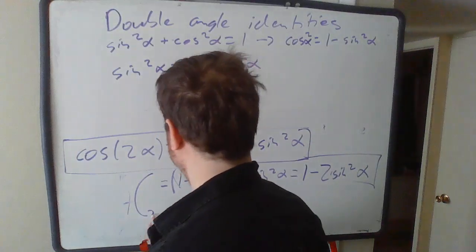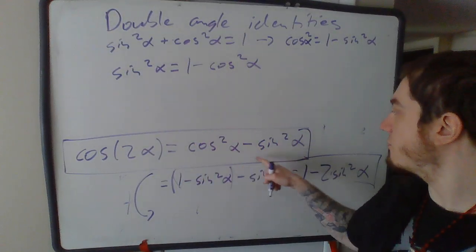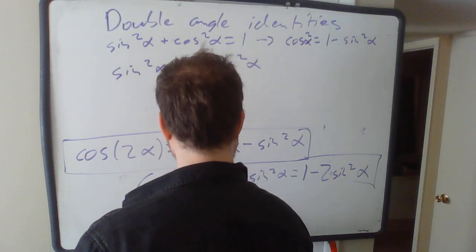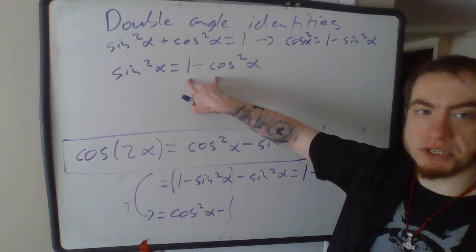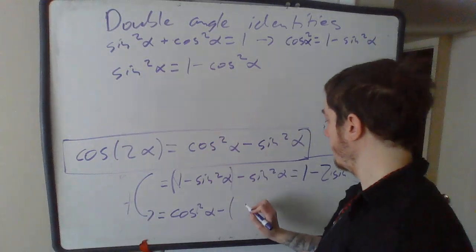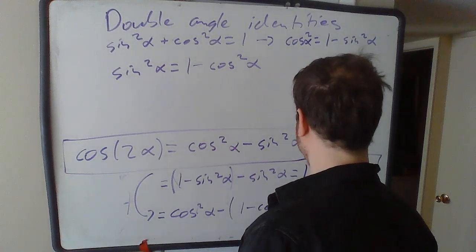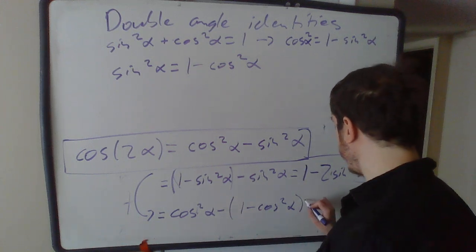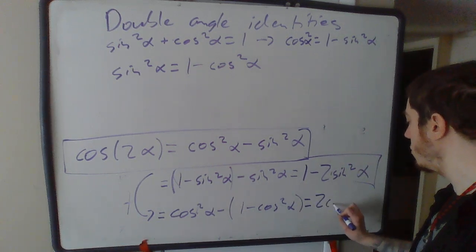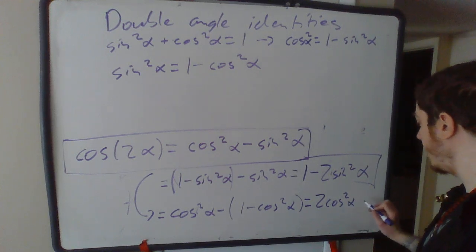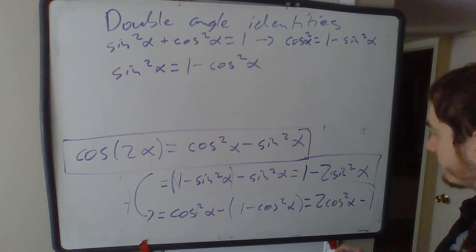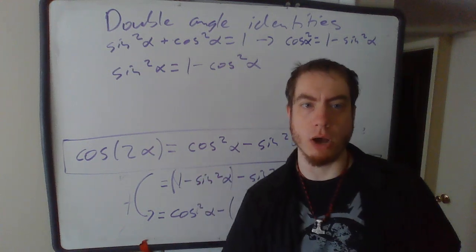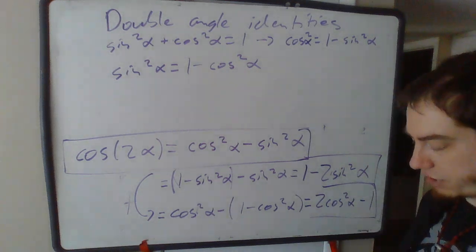Well, that means this original expression, cosine squared alpha minus sine squared alpha, is going to become cosine squared alpha minus, substituting this expression, 1 minus cosine squared alpha, all in parentheses, which means this negative is going to distribute, and it's going to give me 2 cosine squared alpha minus 1. So this is yet a third form of the double angle formula for the cosine.